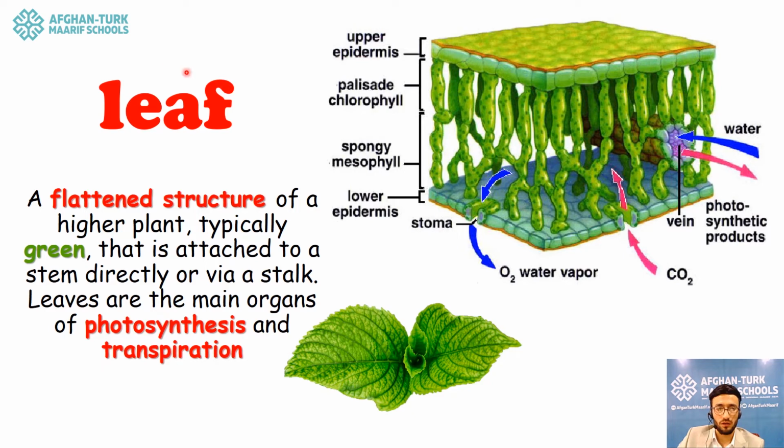Yes, it is called the leaf. In the definition of the leaf, we can say that it is a flattened structure of a higher plant, typically green. Why they are green, we will talk about it. It is attached to a stem directly or via a stalk. Leaves are the main organs of photosynthesis and transpiration.